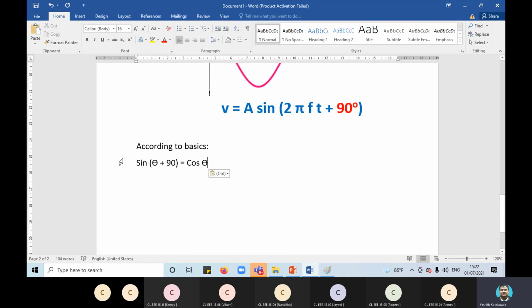See whether you can remember this. If you can remember, in general mathematics you were doing this. If you take 30 degrees, and add 90 degrees, sine 30 plus 90 is equal to cos 30, right?